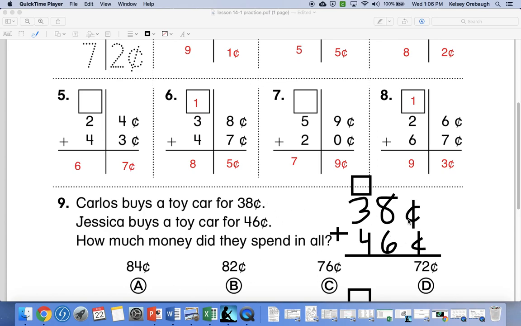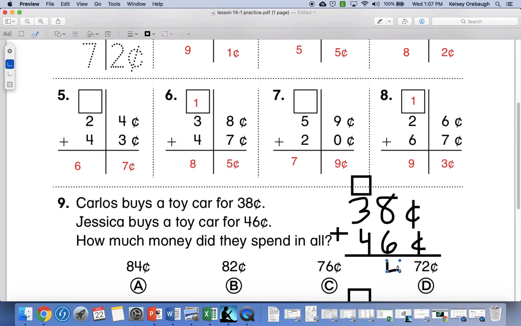All right. As always, we're going to start in the ones place. We're going to add 8 plus 6. 8 plus 6 is 14. We have to regroup because we have more than 10 ones. All right.